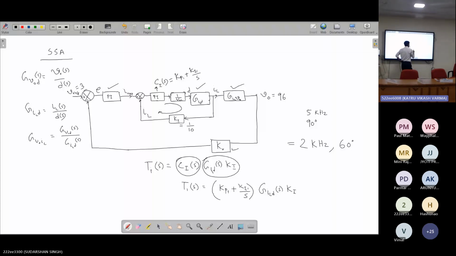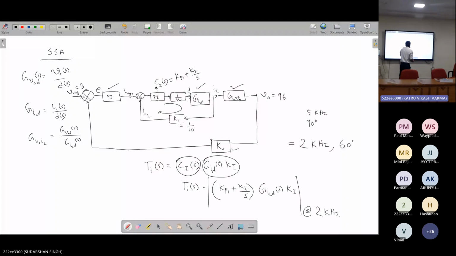It means that if I evaluate this function at the closed loop bandwidth of 2 kilohertz, then, as we have already seen, the definition of bandwidth is where the magnitude plot crosses 0 dB.